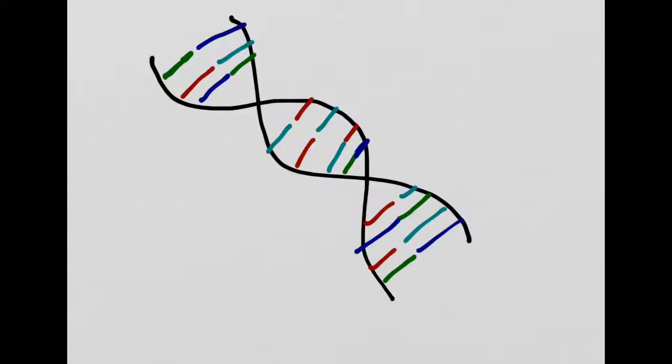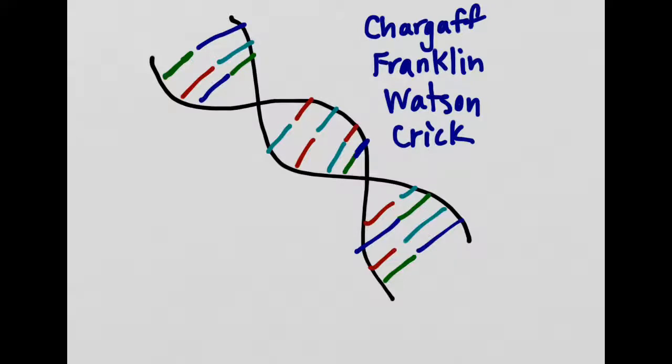Knowing that DNA is made of these long chains of nucleotides is only really the beginning of understanding DNA. The next steps were discovered by someone named Chargaff, and also Rosalind Franklin, and Watson and Crick. Again, we'll learn more about this next week in terms of its general double helix-like shape.